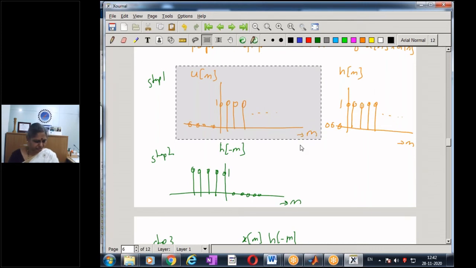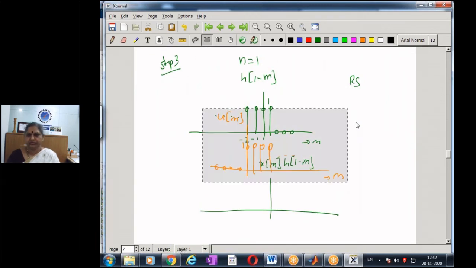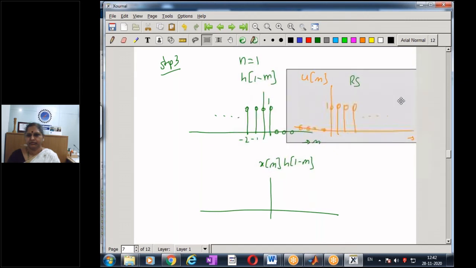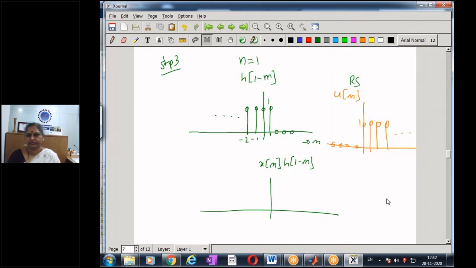This is my h of 1 minus m, and this is u of m, which is nothing but x of m in this particular example.